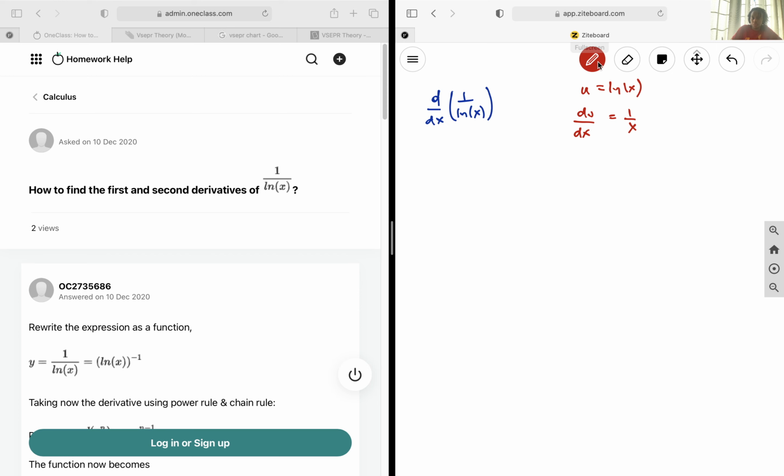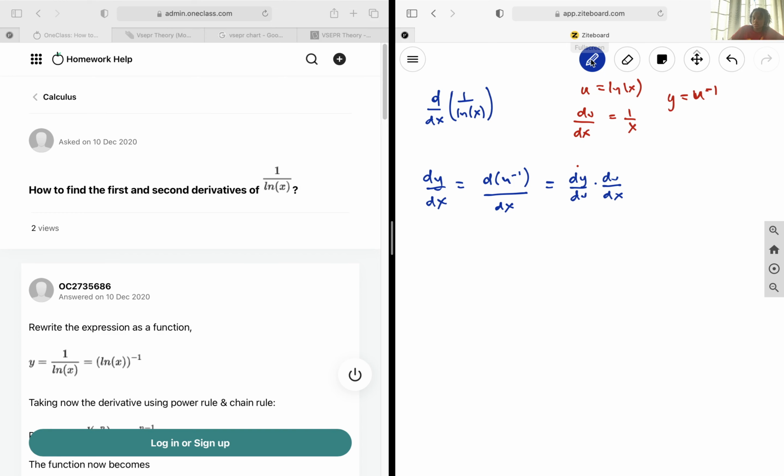And then we're going to use the chain rule here and set y is equal to u to the power of -1. So we know dy over dx is going to be equal to dy over du multiplied by du over dx.